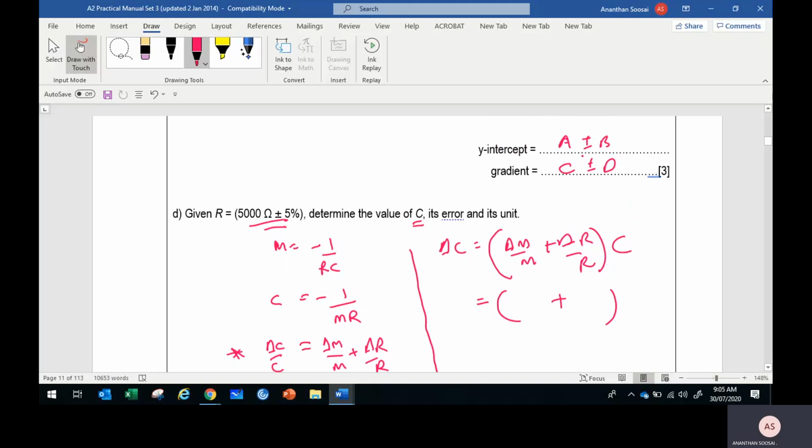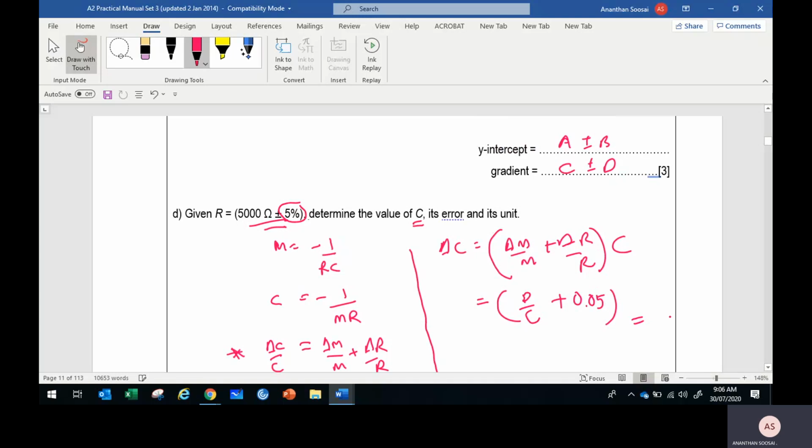Changes of M over M is your DOC, according to my data. And changes of R over R is what? It's 5%. 5% in fractional is how much? 0.05. Okay.